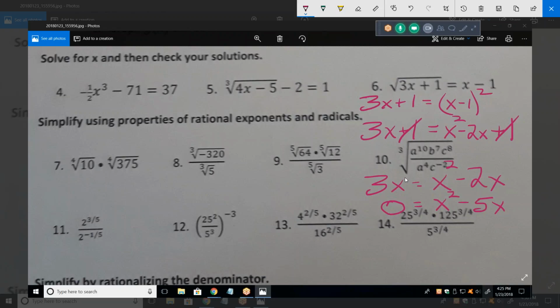All right, now what's the next step? I got everything equal to 0, now what? Greatest common factor? Yeah, actually that's true.